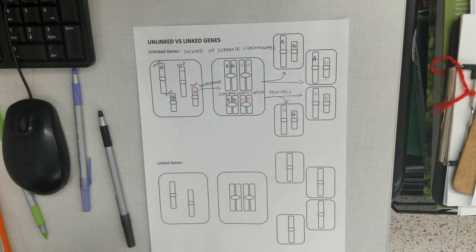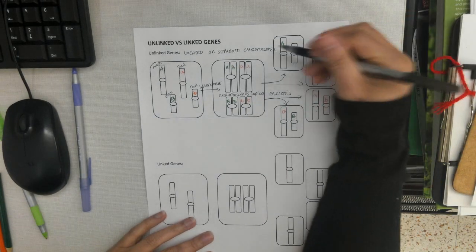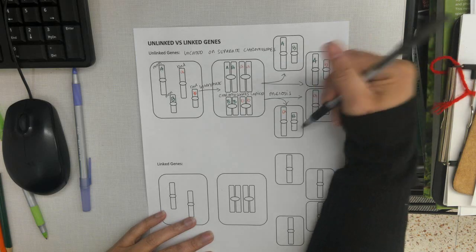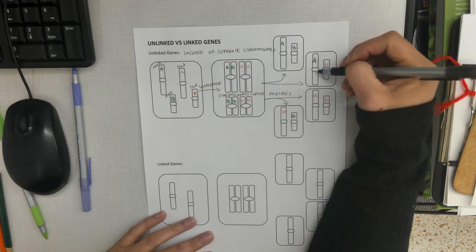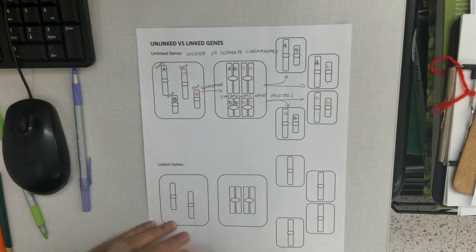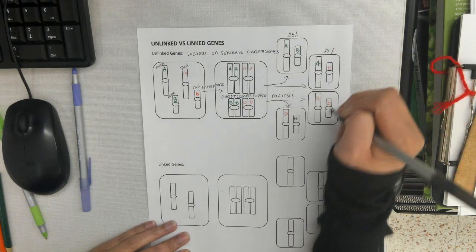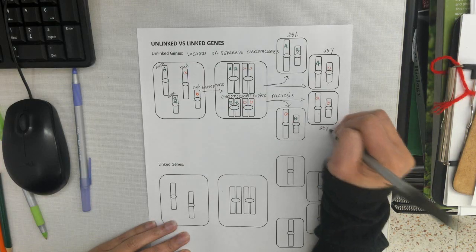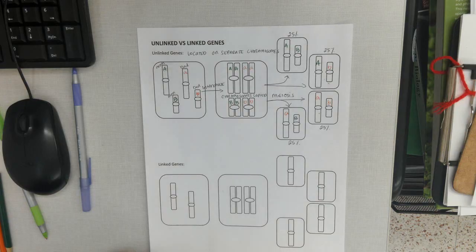Because of this, there are 4 of these cells that are going to be made, and you see the chromosomes are split up into different gametes, and each one will have a 25% chance of being formed with these combinations of the chromosomes.